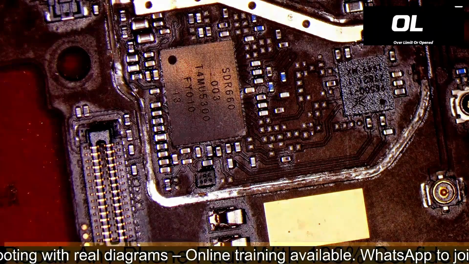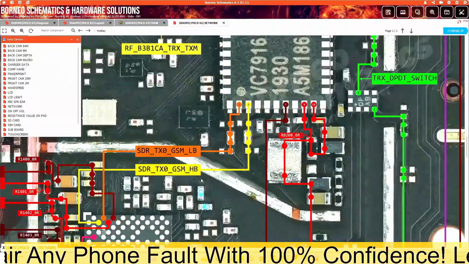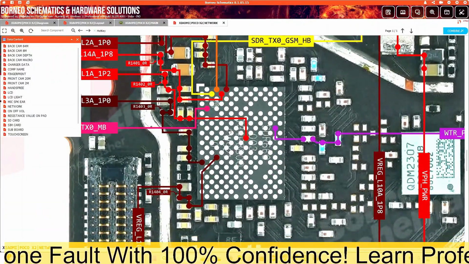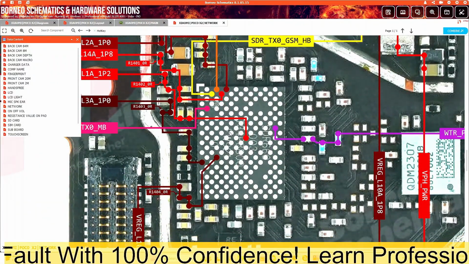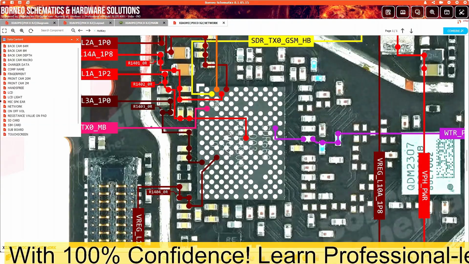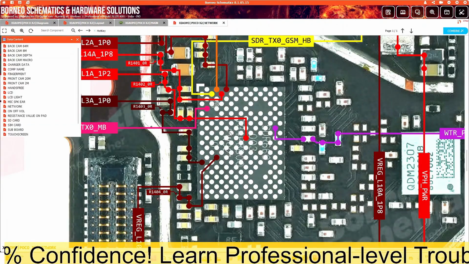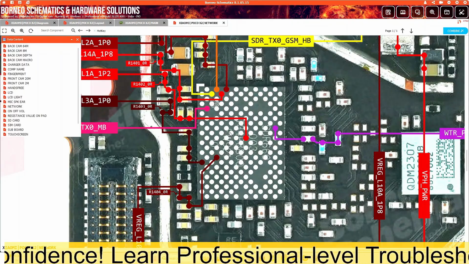So we go back to the Borneo. So this is our RFIC, right? In the 4G PA and also in the 2G PA, we did not find any short circuit on the 3.7 line, VPA line and the 1.8 line, right?